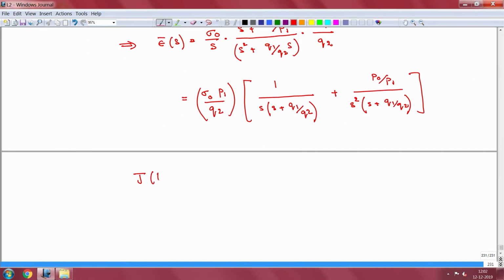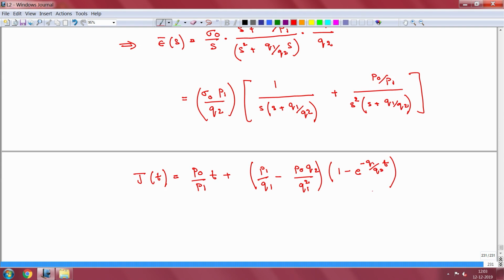So, the expression that I found is J(t) is equal to, so I am just writing it down, the final form is P naught by P1 times t. So, there is a linear part to it, and then there is P1 by Q1 minus P naught Q2 by Q1 square, times 1 minus e to the power minus Q1 by Q2 t.